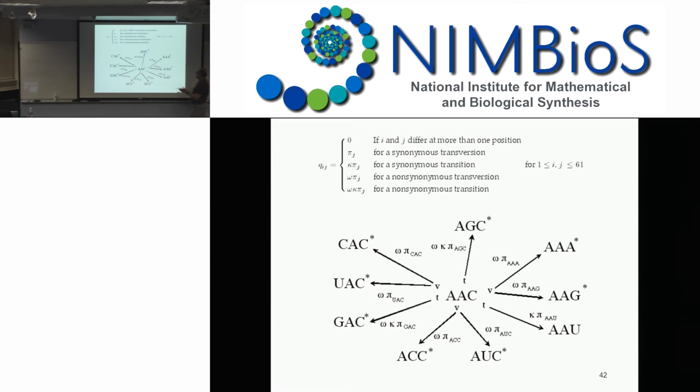You get something that looks like this in the simplest form. It looks complicated, but here's the idea. Here is your codon. It can jump to 1, 2, 3, 4, 5, 6, 7, 8, 9 alternative steps, maybe 8 or 7 if one's in the stop codon. You allow transitions and transversions to have different rates, so you account for that.